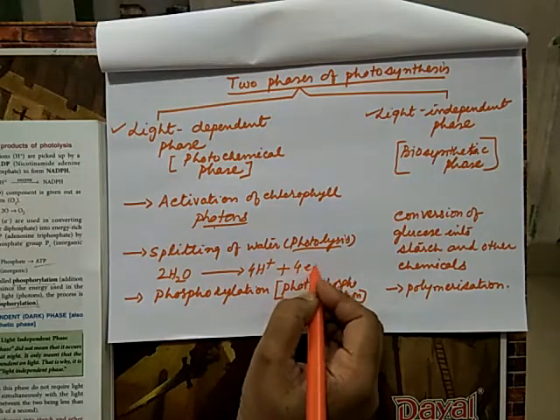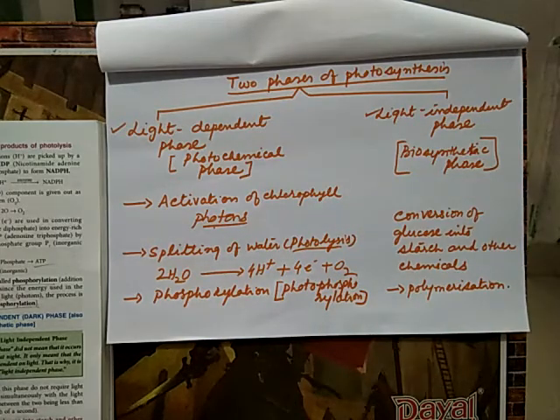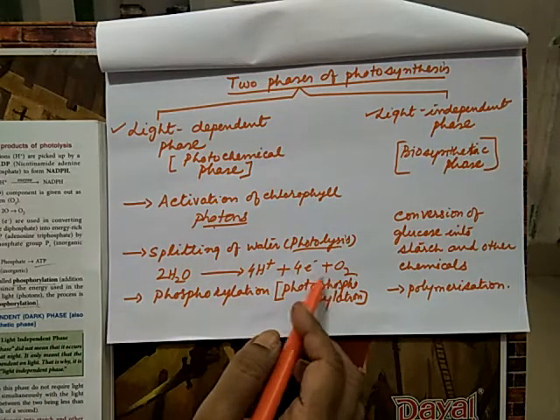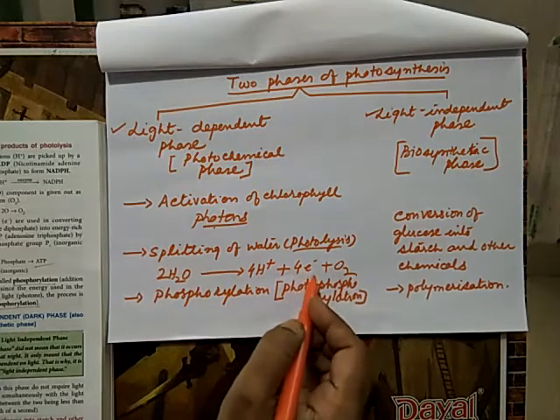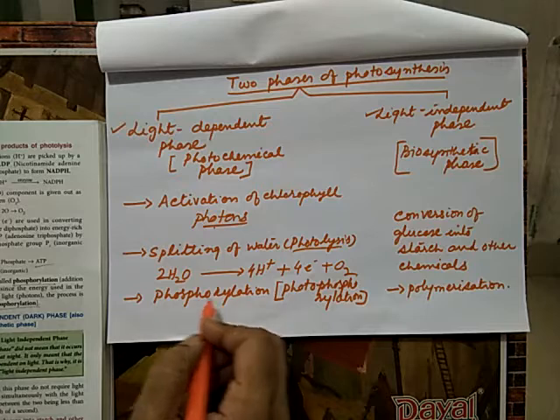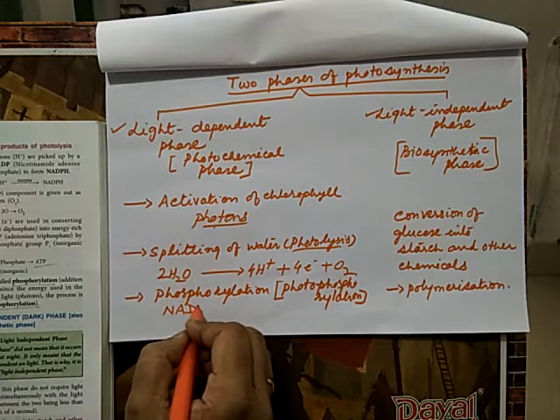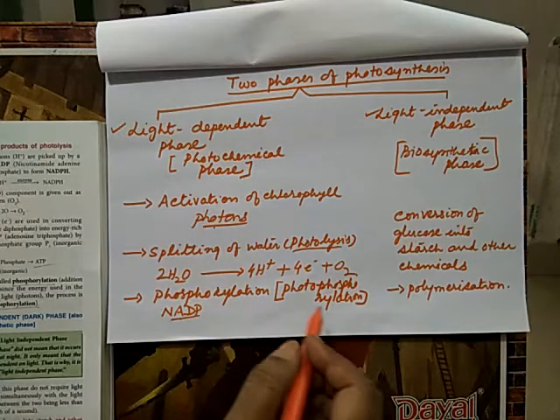Under photolysis, the water splits to give hydrogen ions, 4 electrons, plus oxygen. Whenever photolysis releases the oxygen, it is immediately eliminated, and the hydrogen ions and electrons that are present are picked up by the compound known as NADP, that is nicotinamide adenine dinucleotide phosphate.